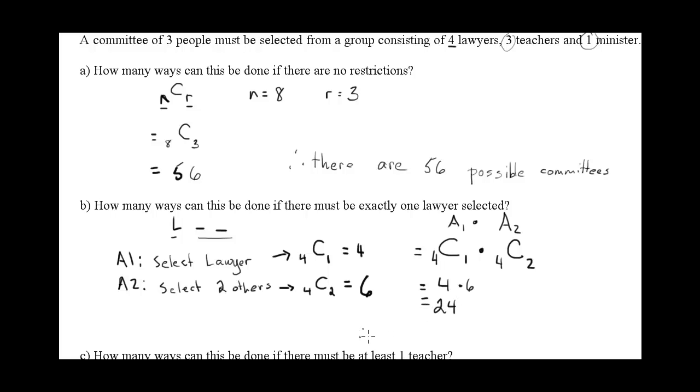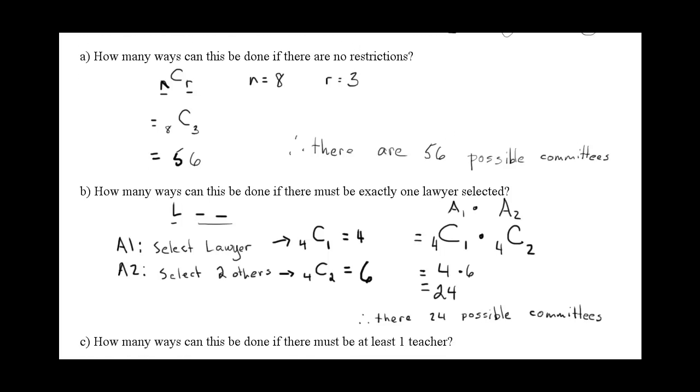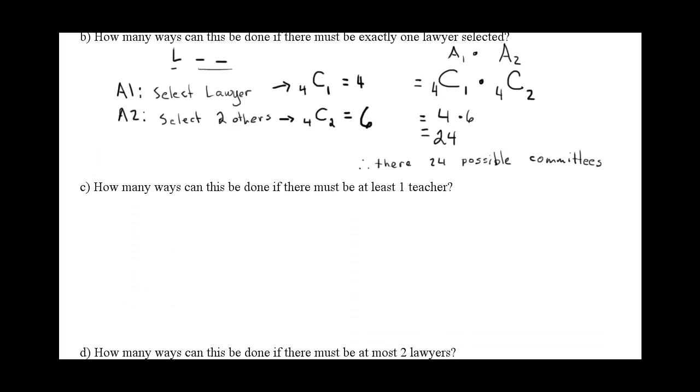So therefore, there are 24 possible committees. Okay, so that's how you do this one, where we throw in a restriction of exactly 1.